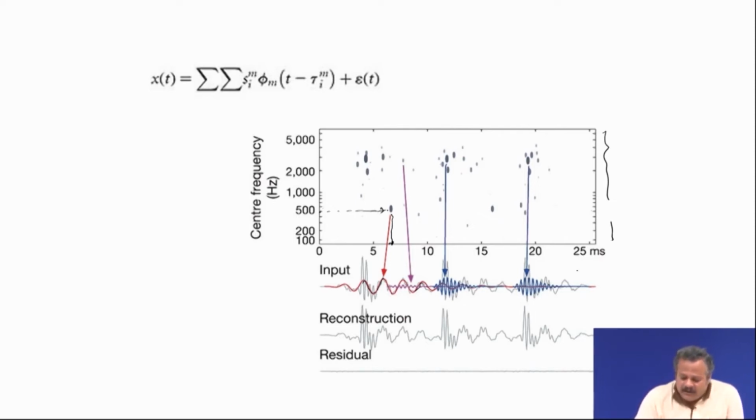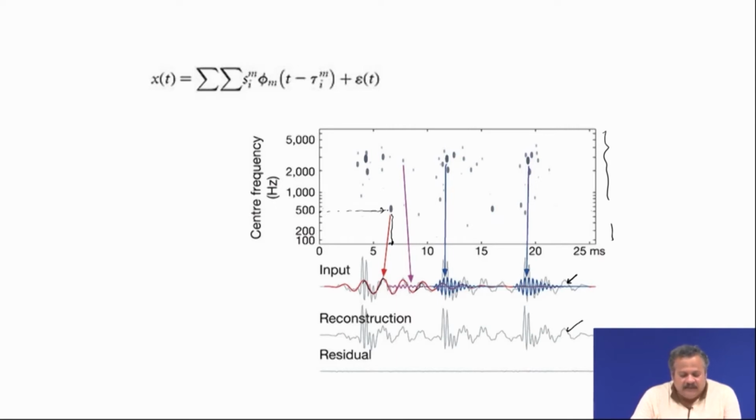So the original signal is provided in gray here. That is the original signal, and what you have in the reconstruction is this gray signal, and below is the residual after the system has learned. And so what have they learned? This is what they are showing: the 500 hertz kernel is present in this manner with a particular amplitude.